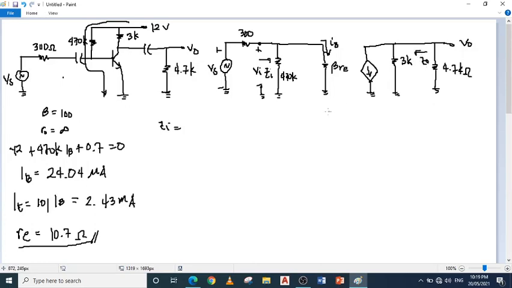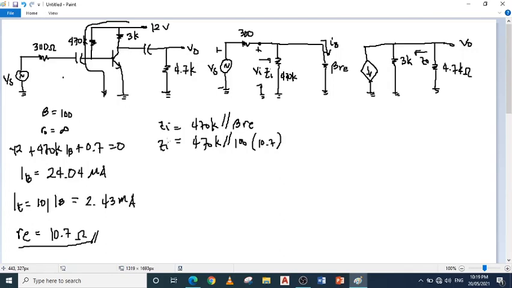So our ZI is 470K in parallel with beta RE. So ZI is 470 kilo in parallel with 100 times 10.7.